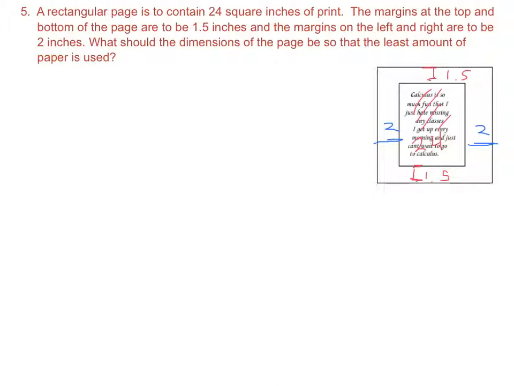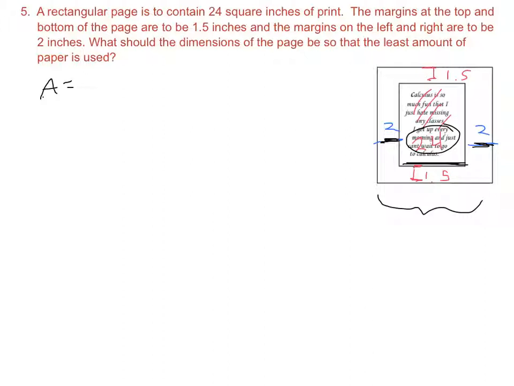That's area. This is a rectangle, so area equals length times width. Let's assign some letters, and I would say that this is our length. What I know is that I've got margin here and margin here of 2, and then I have this distance, which is actually going to help calculate the area of the inside, which we said was 24.